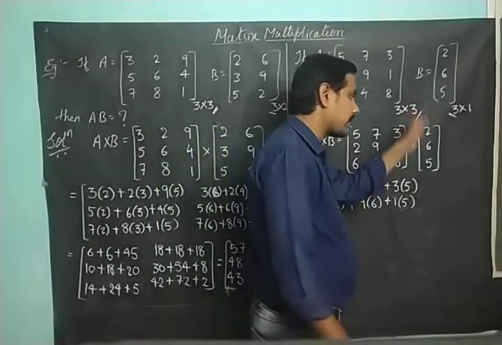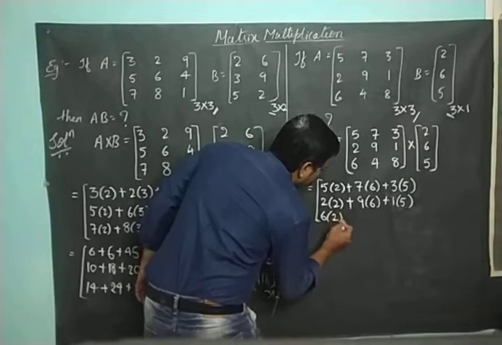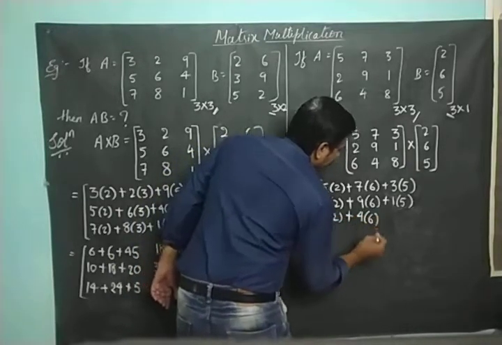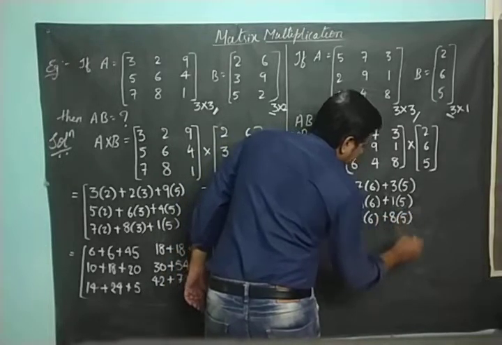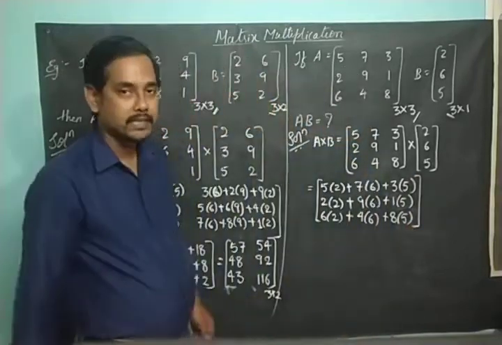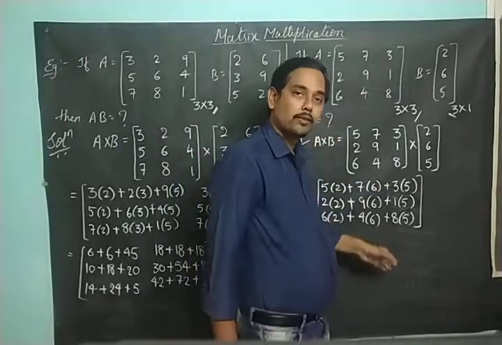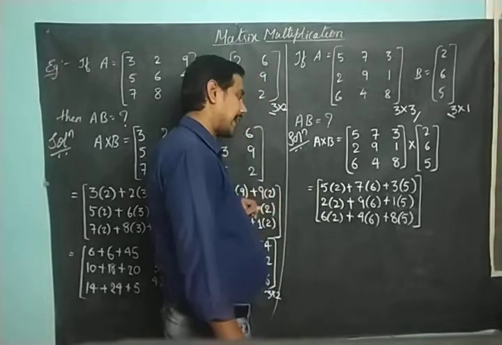Now third row with this column, so what do we get? 6 into 2 plus 4 into 6 plus 8 into 5. Is that clear? So now we have multiplied every row with this column, which was the only column there. So this will be the required matrix.